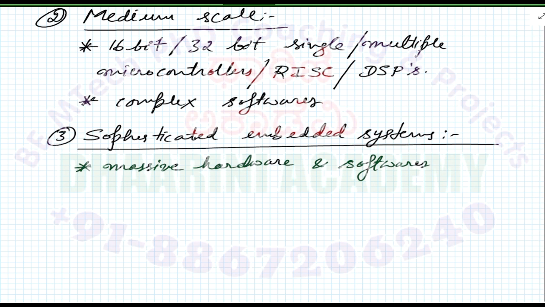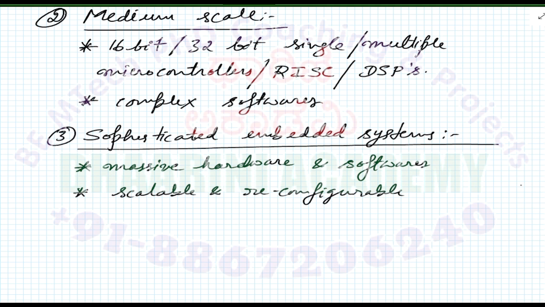They are very fast. Here one very important feature is that you will be able to configure them. So their features include scalability. So they are scalable and reconfigurable. This is the very basic feature.